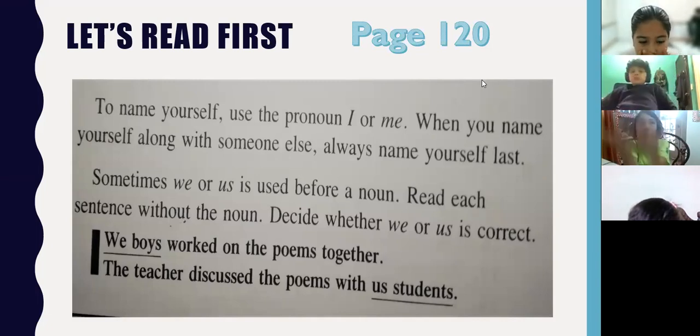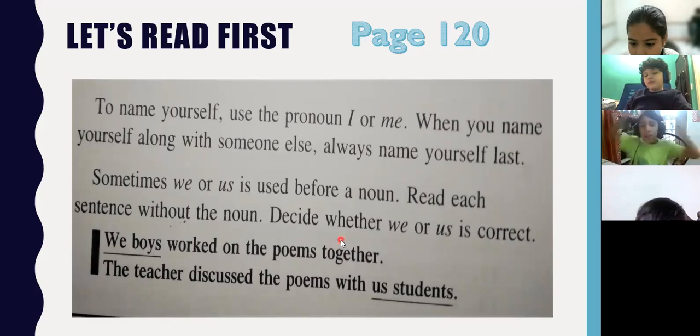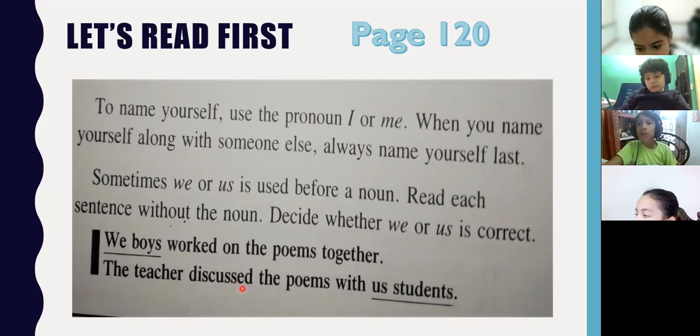Read each sentence without the noun. This is winter. We are use is correct. Correct or no? We boys work on the poems together. The teacher discussed the poem with use students.